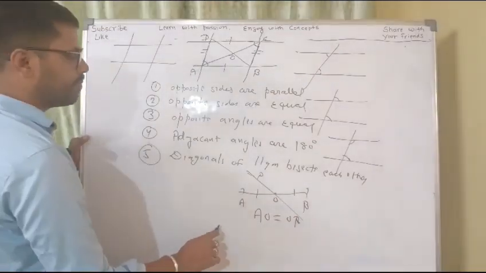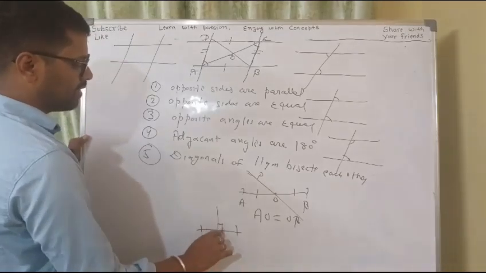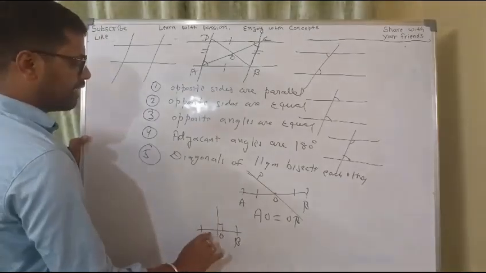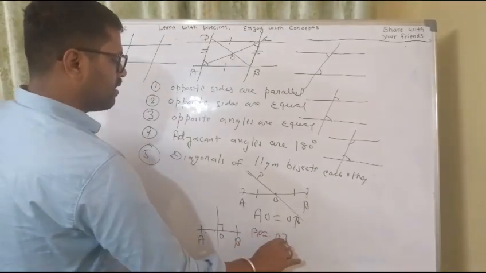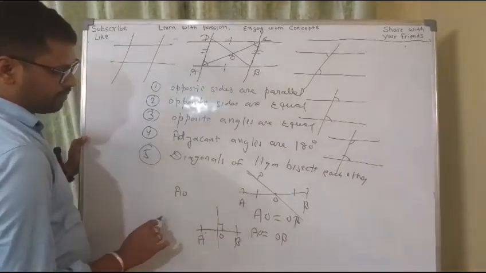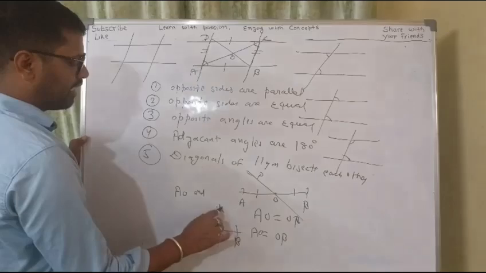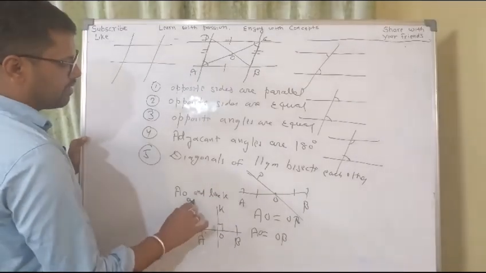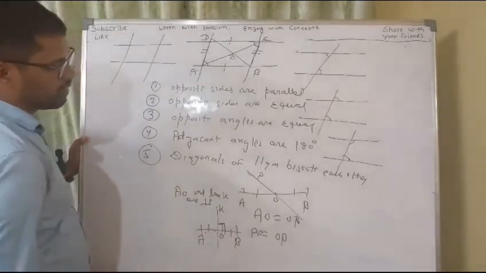Similarly, there is something called bisecting perpendicularly, the perpendicular bisector. It means AO equals OB, and suppose this is line K, and line K and AB are perpendicular. So 90 degrees also, and these two are equal also.